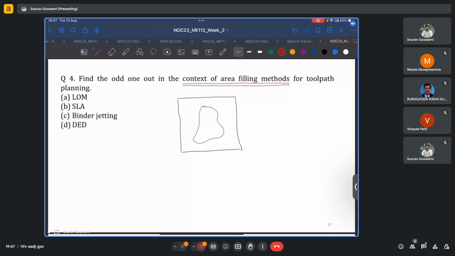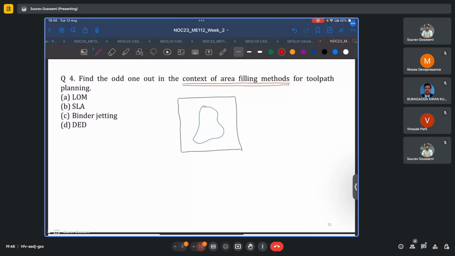In most other methods, we will be planning the toolpath for the desirable region, how to fill that region with area filling, how to make proper and exact contours for it, and so on, how to minimize gaps, how to ensure proper heat dissipation.